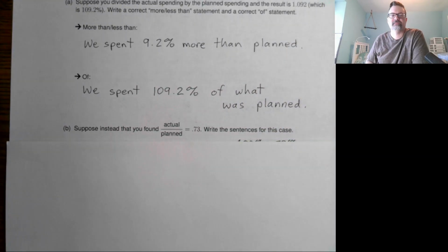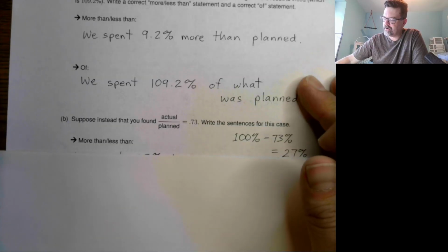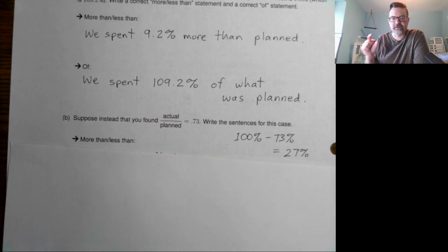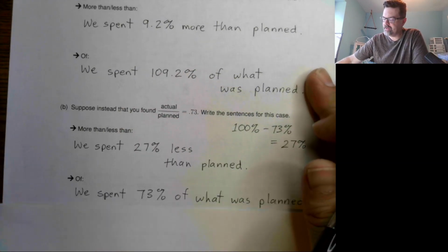All right. If you haven't yet, try this for 9B. All right, 0.73 was the result. So actual over planned is 73%. So the difference between the two is going to measure out to 27% then. All right, so we get these kinds of statements.